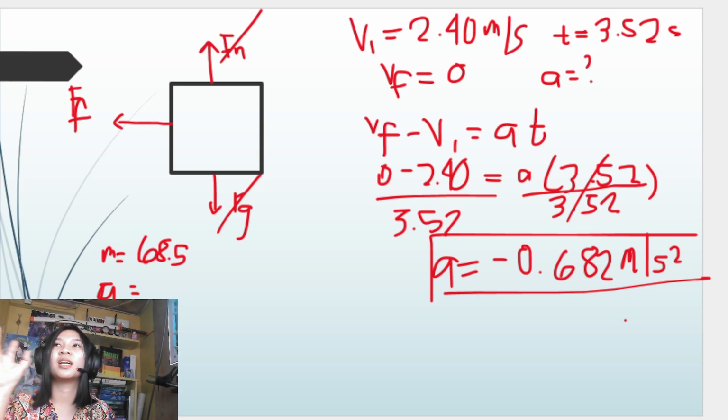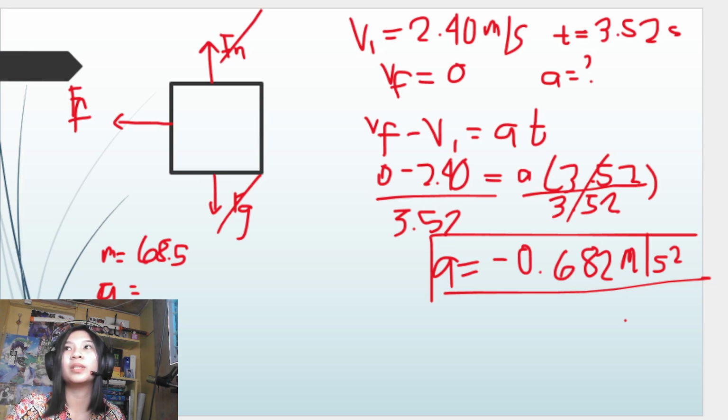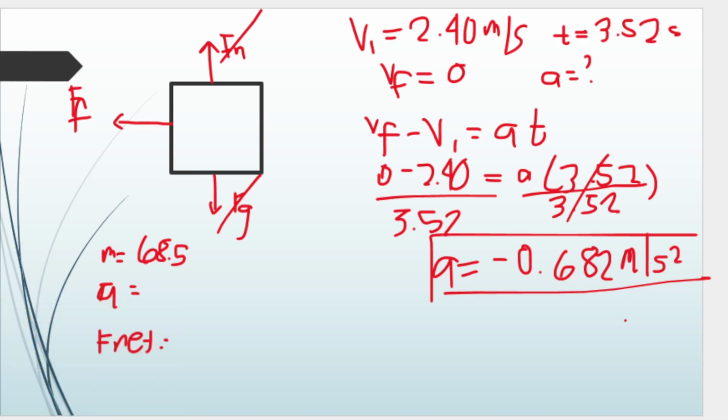So it means ni slow down siya, ni decelerate. Okay, so that's what it means if the acceleration is negative. Ni slow down siya. Okay, so you just have to put it here on the acceleration. Do not forget the negative.